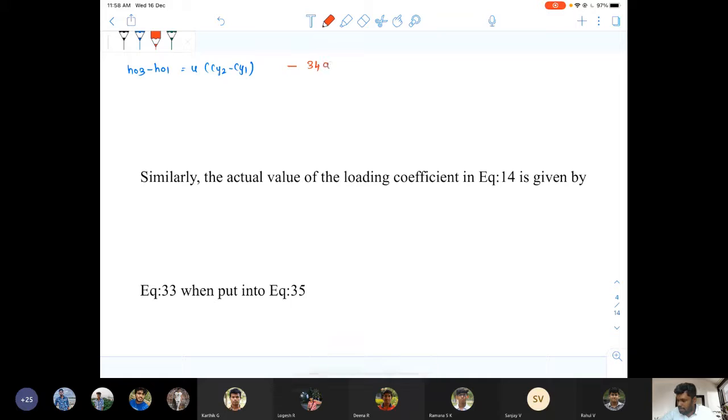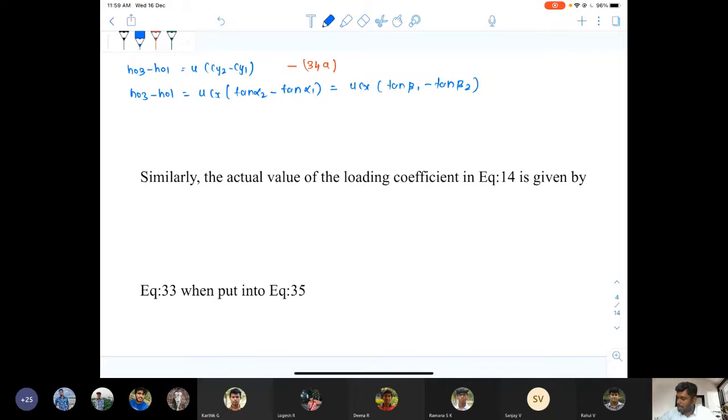Consider this equation as 34a. And again, h03 minus h01 will be equal to U into Cx tan alpha 2 minus tan alpha 1, which is equal to U Cx into tan beta 1 minus tan beta 2.